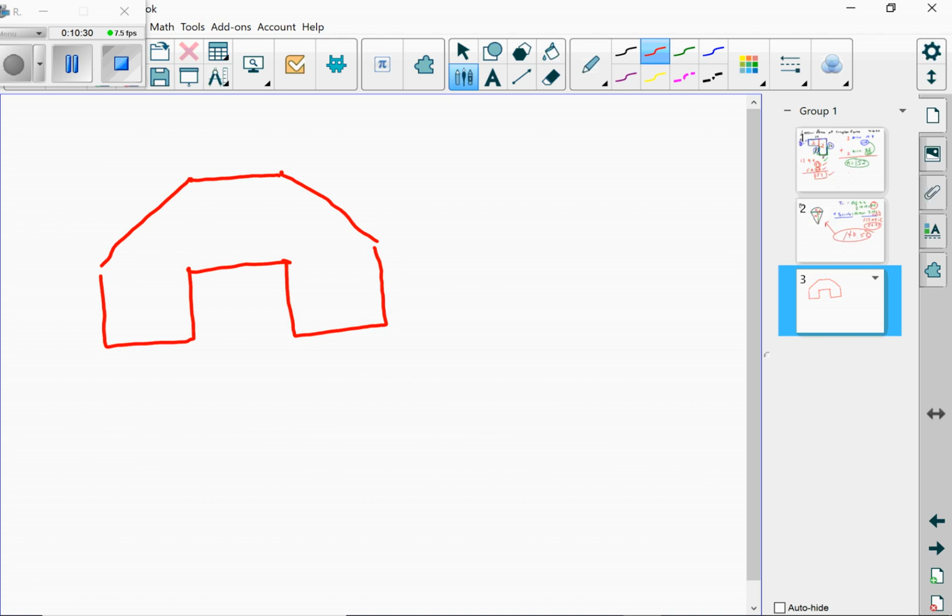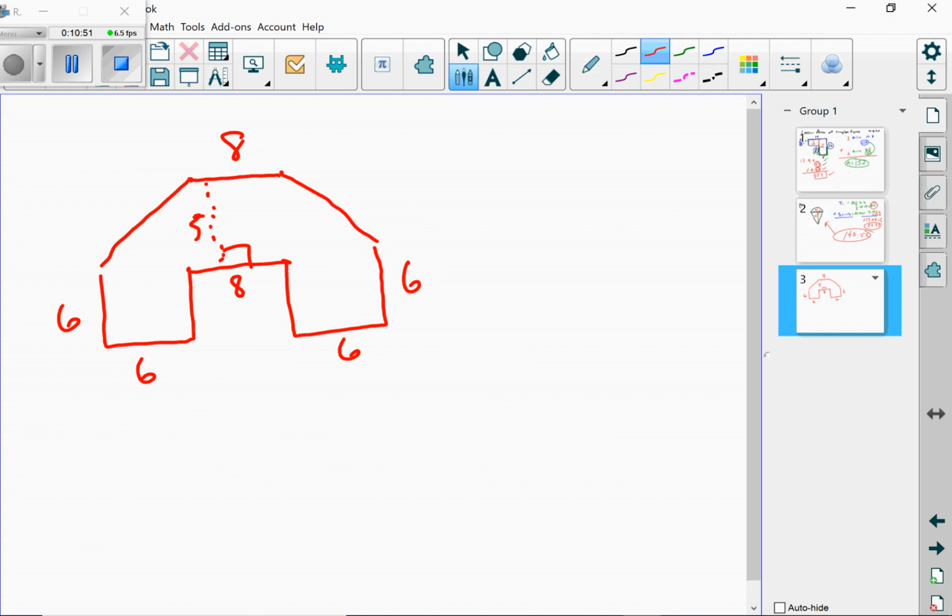Maybe like the front of a barn or something. So what this is, lots of numbers going around. 6, 6, 6, 6, 8, 5, and 8.